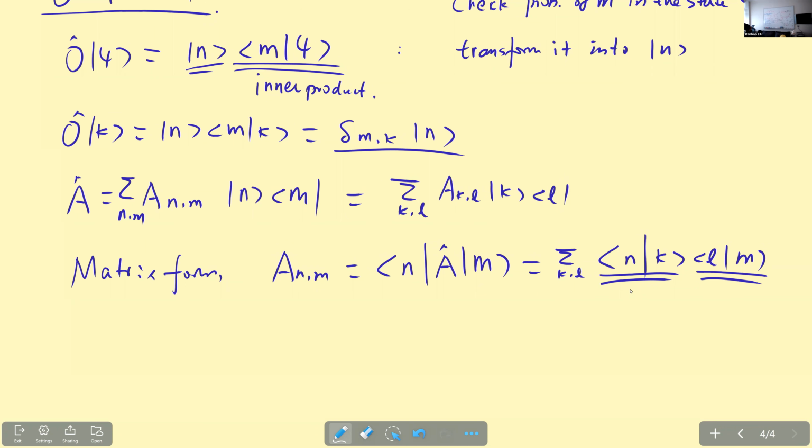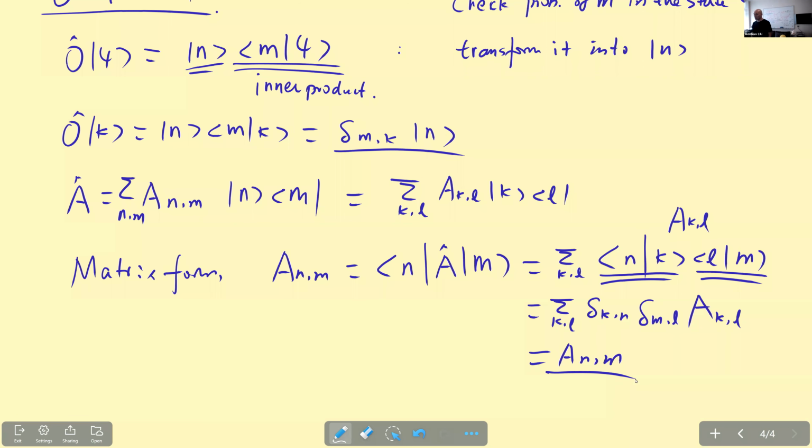And now you can take this one. This is a C number, this is also a C number, but the first one is just the one data function, the second one is just another data function. So the result is nothing but just A_mm.